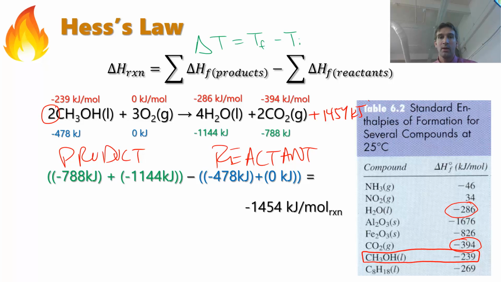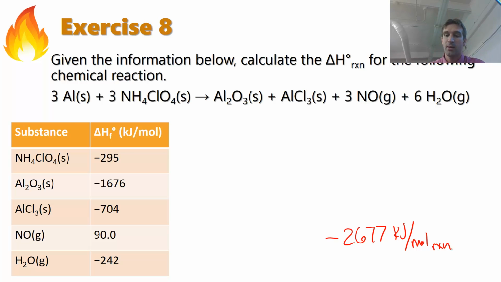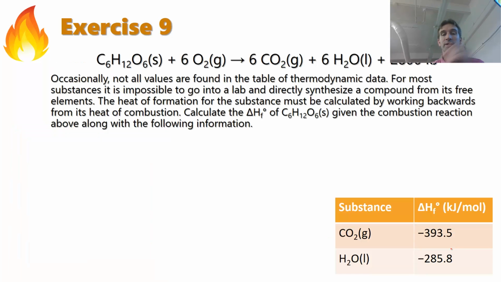Right? Now, we have a couple exercises that you're going to have to go through. I will let you work them out, but I'll give you the answer so that you can check your work. For this problem, we're going to get negative 2,677. So again, the unit of this enthalpy value is kilojoules per mole of reaction. Now for exercise 9, once again, take the time to work through this.